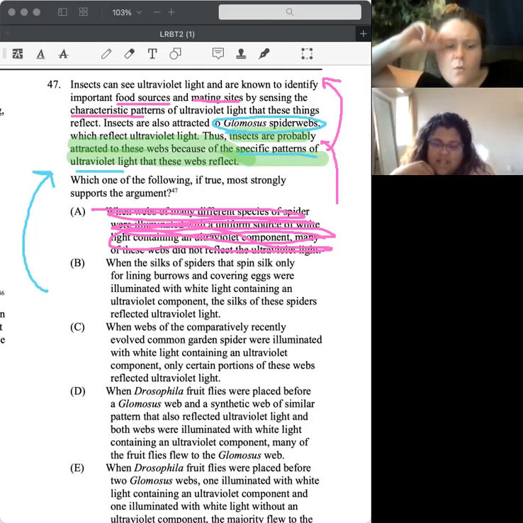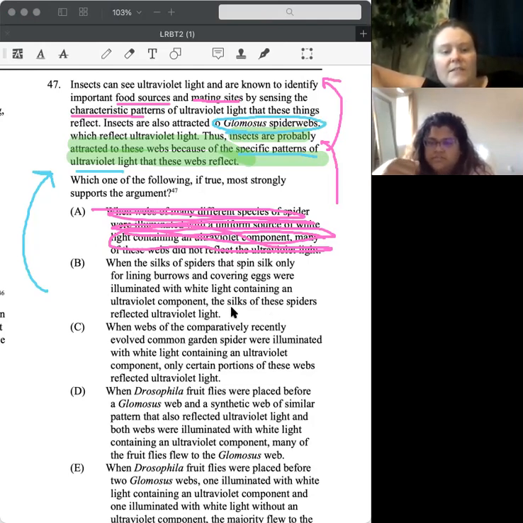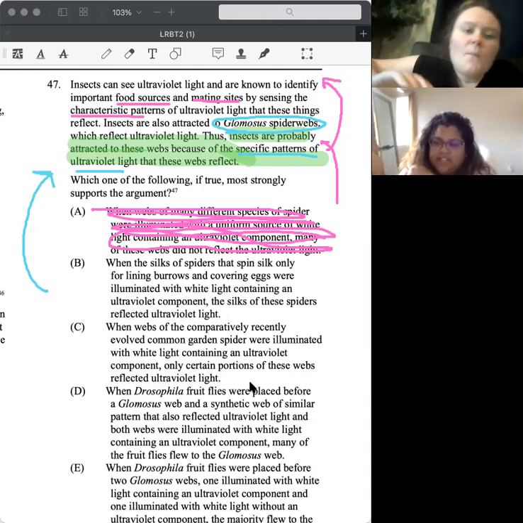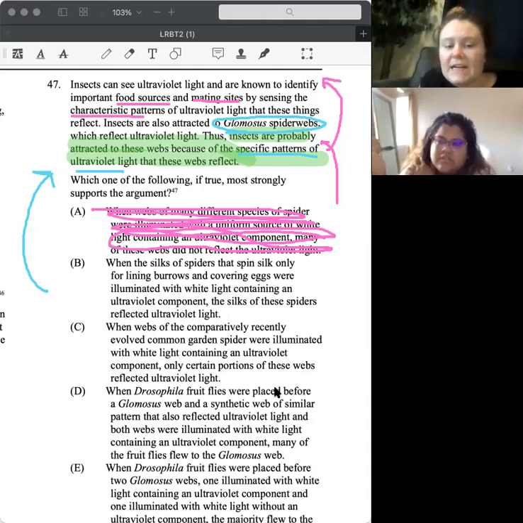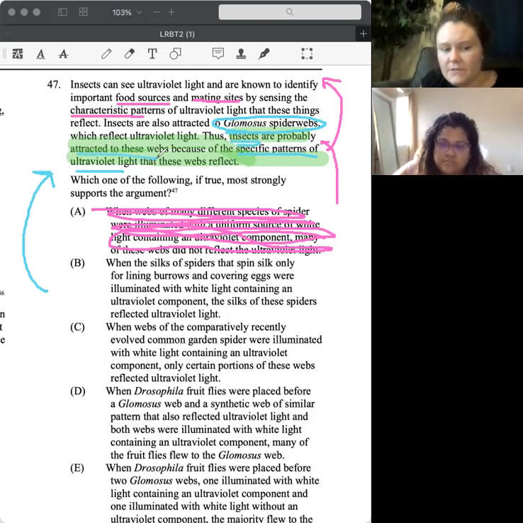But when the silk of spiders that spin silk only for lining burrows and covering eggs was illuminated with light that had ultraviolet components, they're just saying the silk reflected the ultraviolet light, but not the actual webs. It doesn't even matter if it did or it didn't. We're trying to prove why the insects were attracted to these webs.